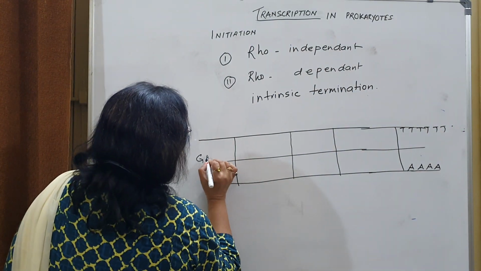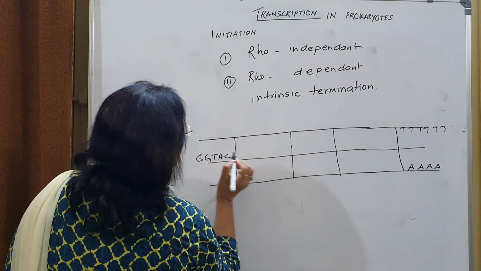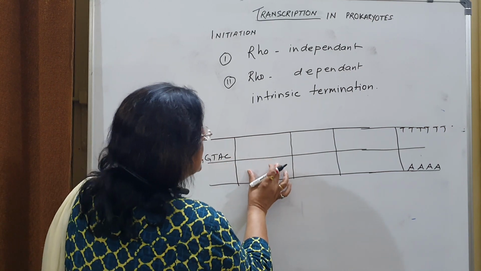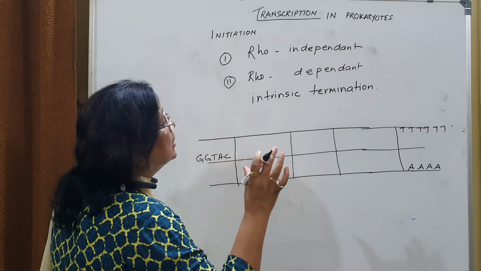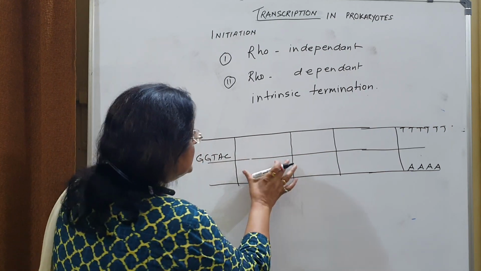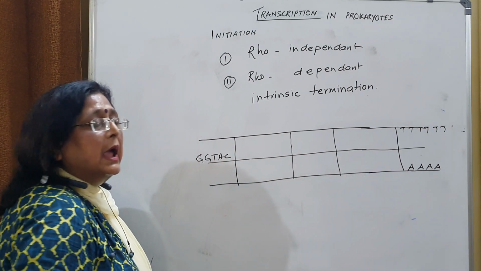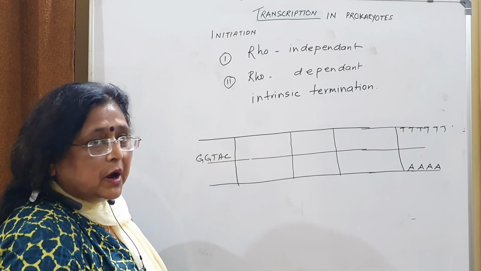Now this is the normal base pair. This one is a CG rich base pair, this area, and it is known as inverted pairing.